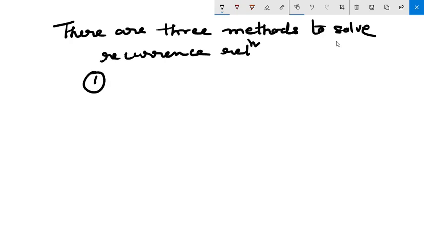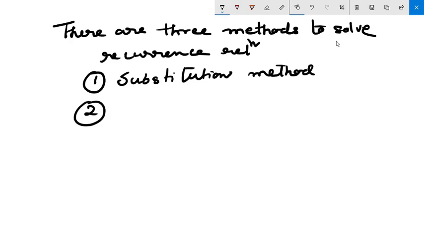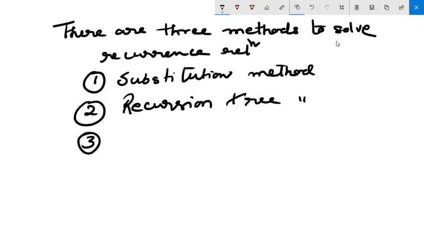First one is the substitution method. Second one is the recursion tree method. And third one is the master method.